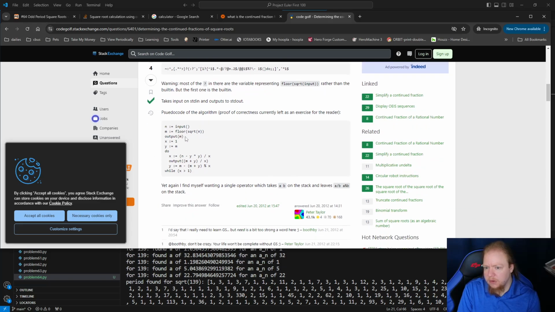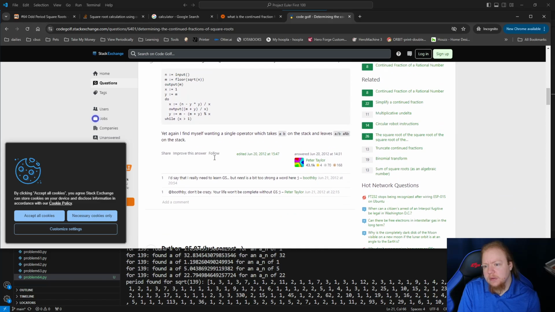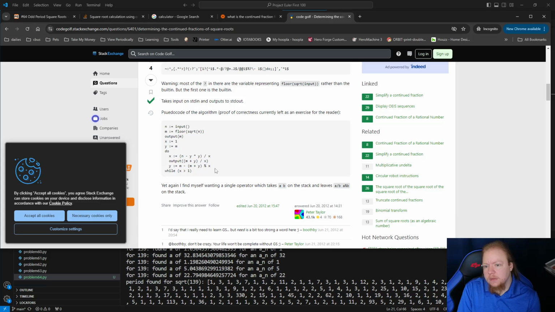So we floor square root, and then x is equal to 1 and y is m. I'm not quite sure how that is working.